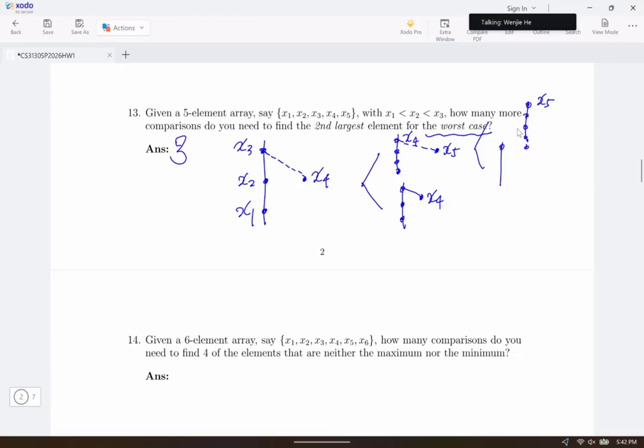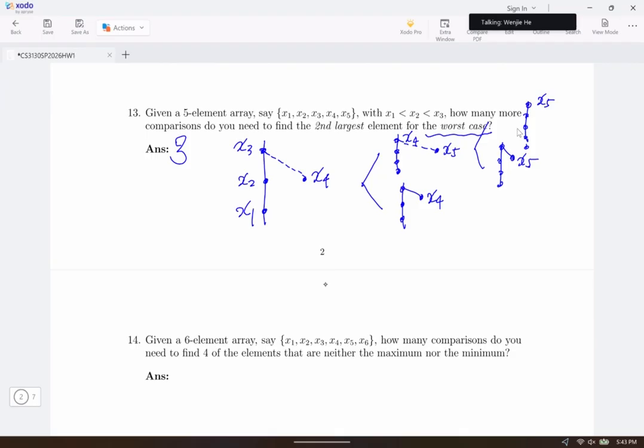If x5 is lower than x4, then you cannot get the second largest yet. You still need to do more work.